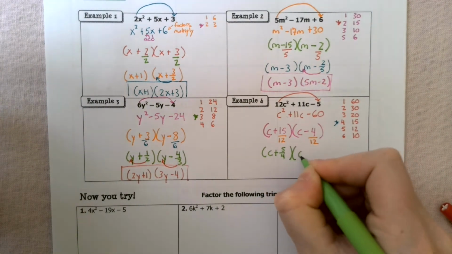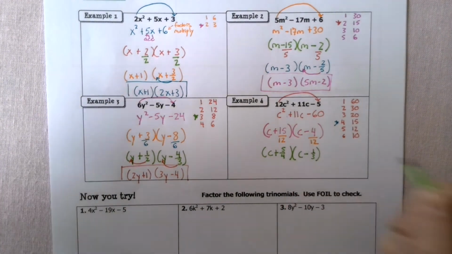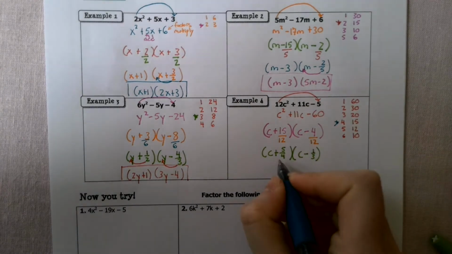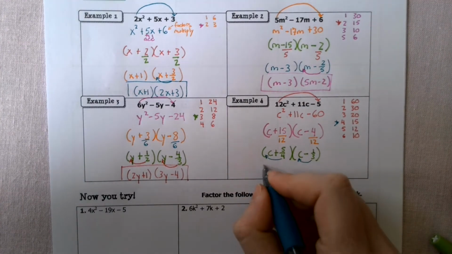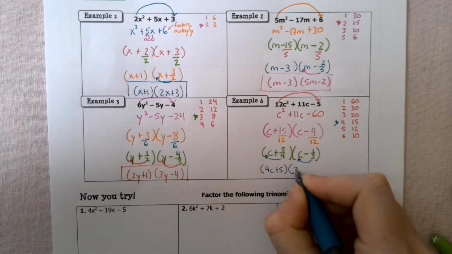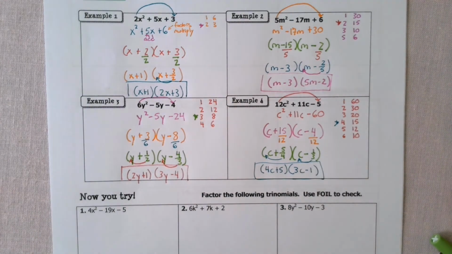And then C minus, this should be 1 over 3. And then we are going to slide our denominators in front of our variables. And we're going to get 4c plus 5 times 3c minus 1. And that is our answer.